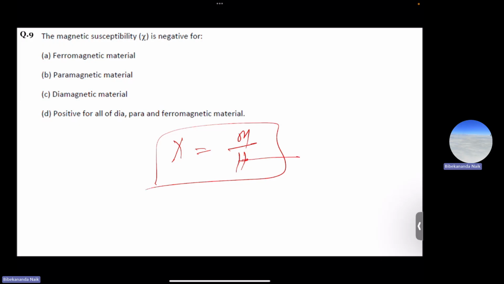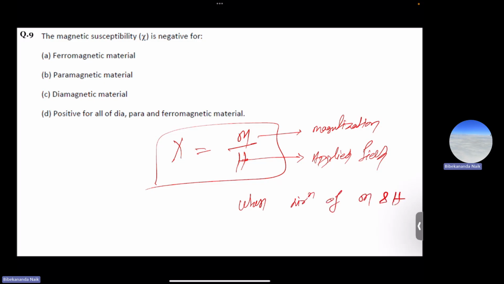So H is the applied field and M is the magnetization. When the directions of M and H are opposite, then it is negative.